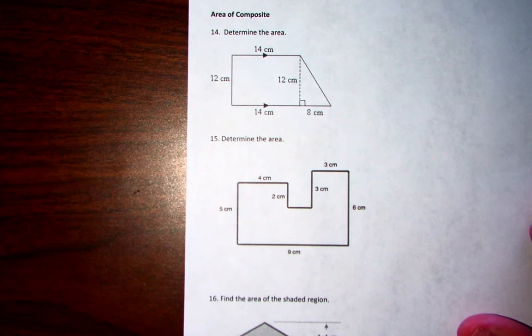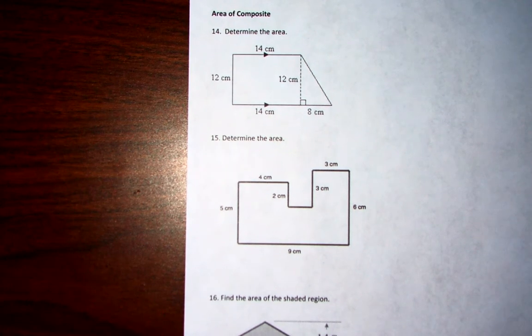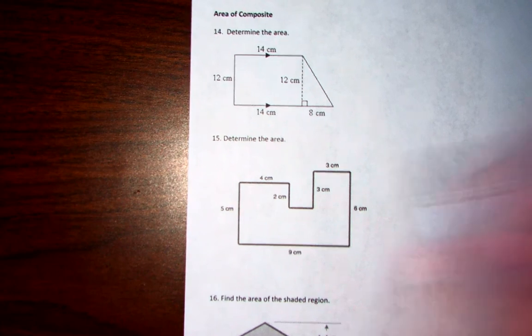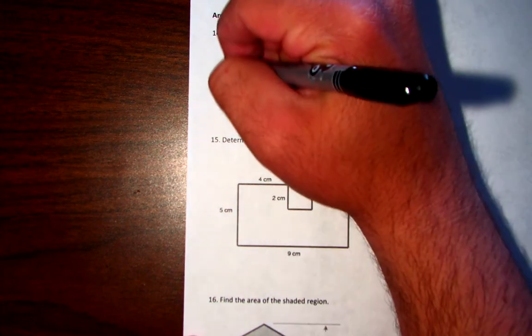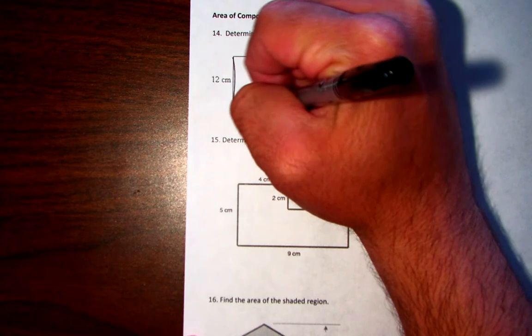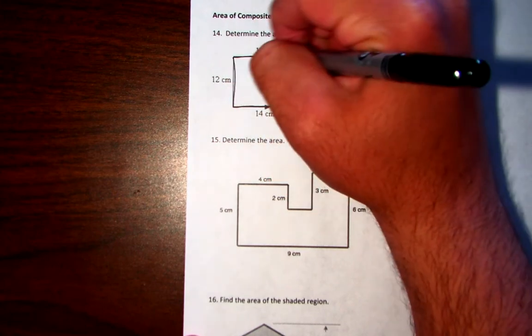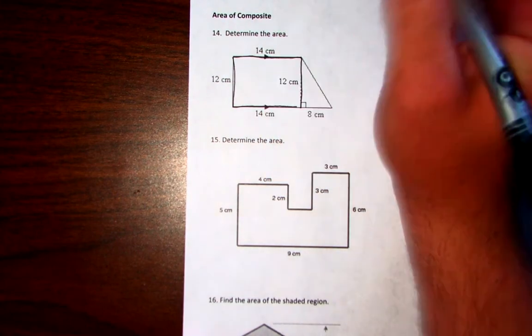Composite figures means there's more than one shape and they are combined into making one big shape. Well, if you notice on this first one, I have a rectangle. So here's my rectangle off to the side.